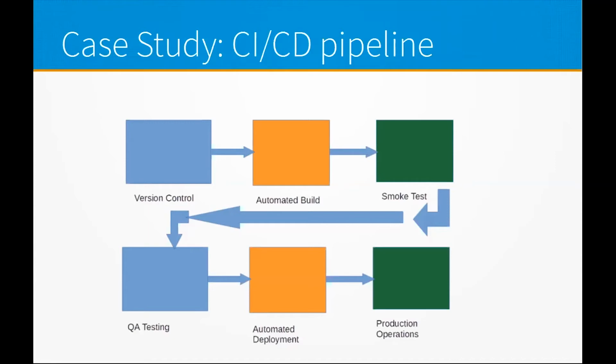So the CI/CD pipeline starts when a developer checks in some code. Boom, it's in version control. So what happens? Well, the pipeline, and this might be a tool like Jenkins or Hudson or Circle CI, right? There are many of them out there. We'll check the code out of version control and do an automated build.